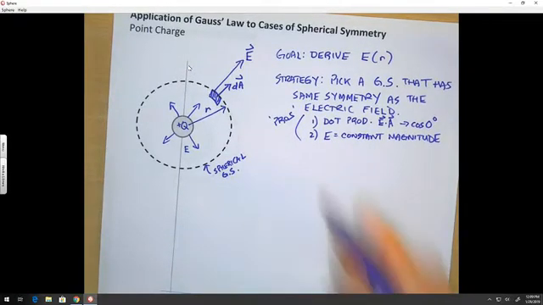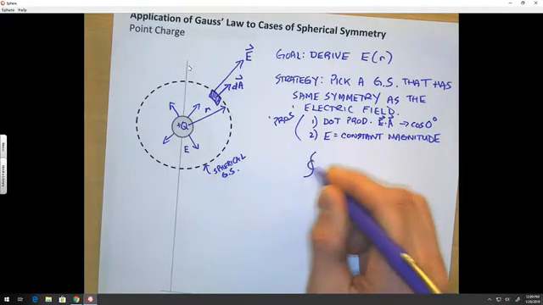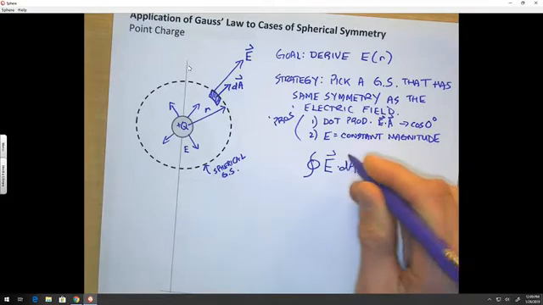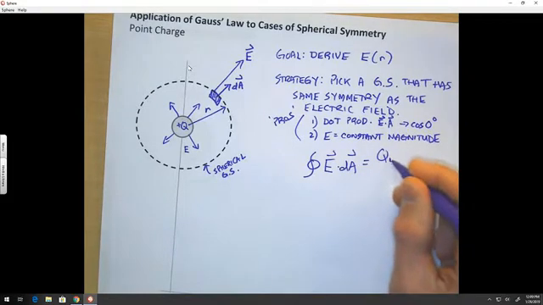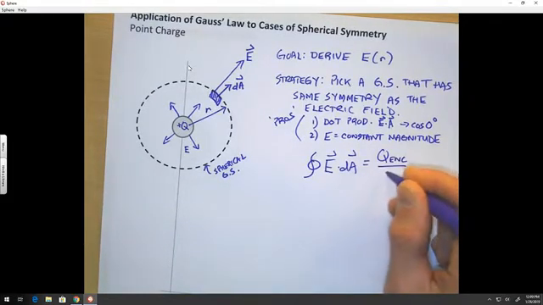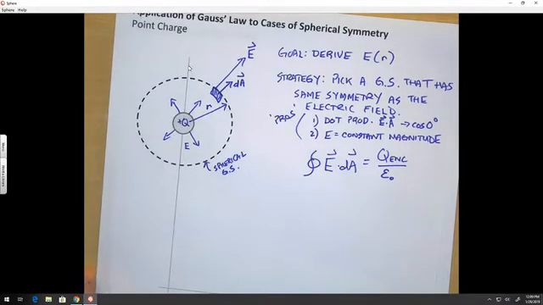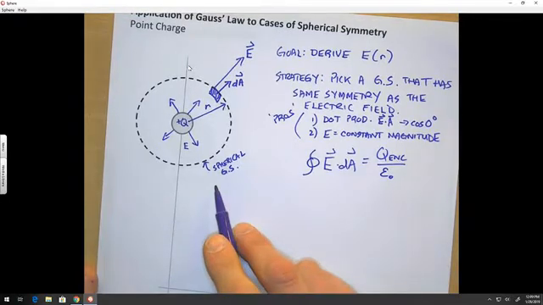Okay. So let's write Gauss's law. So that's the full-on calculus version. And now I'm going to take advantage of my Gaussian surface being so nice and symmetrical with the field.